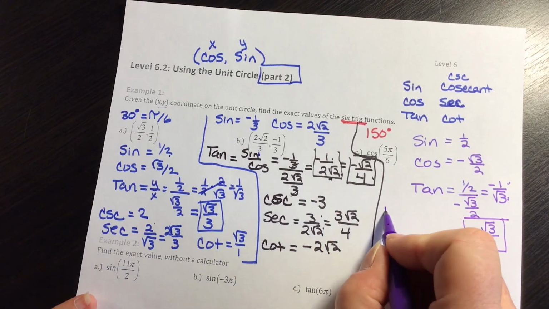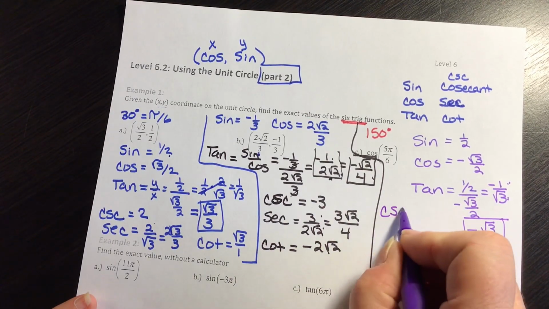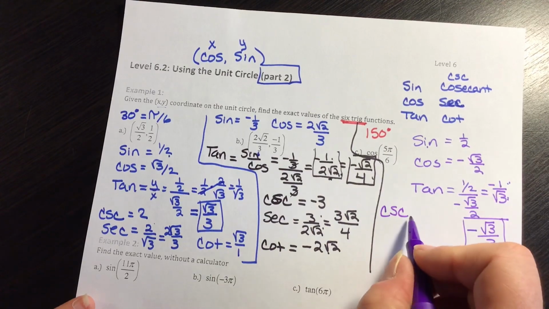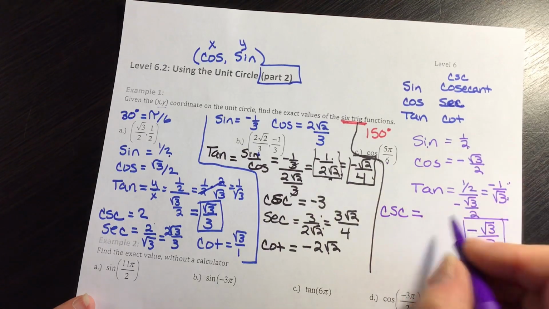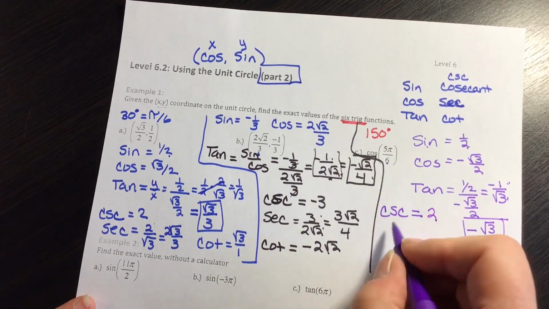Now we have cosecant going with sine. So cosecant of 5 pi over 6 will be the reciprocal of 1/2, which is 2.